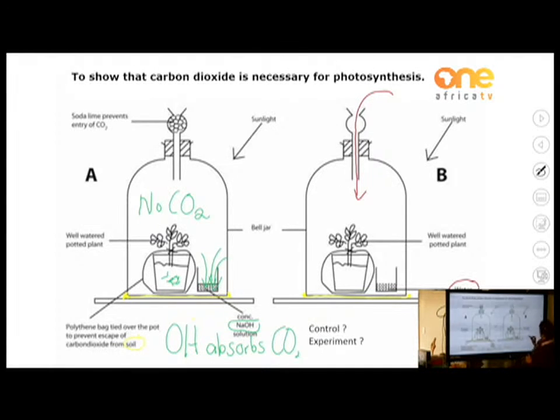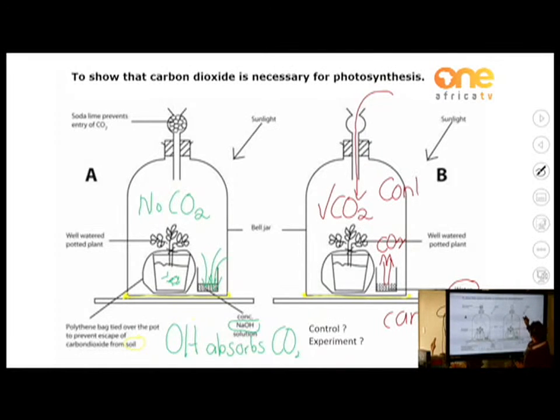Now, here in this picture, there's water, but I can add a carbonate, any type of carbonate in here, which will release some carbon dioxide to make sure that this one is filled with carbon dioxide. According to our book, the control is then this one.